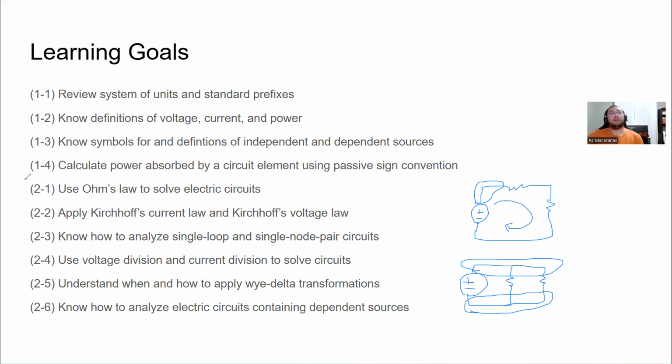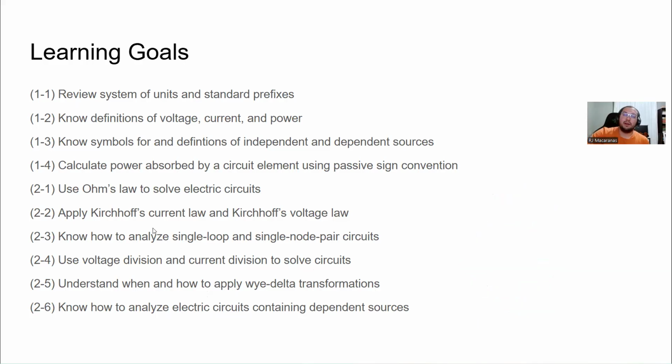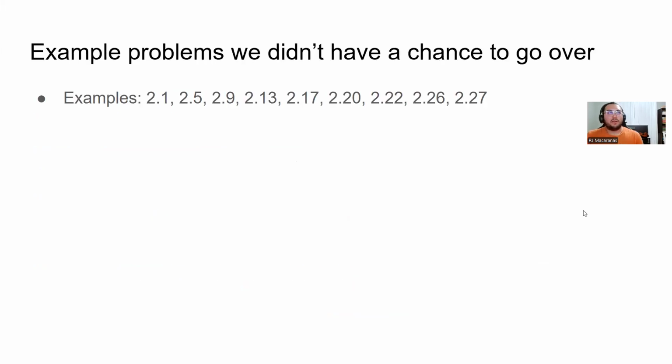Those are in the book. They don't come up that often though, so I don't think we'll look into any more detail there. And then the last learning goal was just knowing how to analyze circuits containing dependent sources, which just follows directly from all of the other learning goals. That's all for the learning goals.